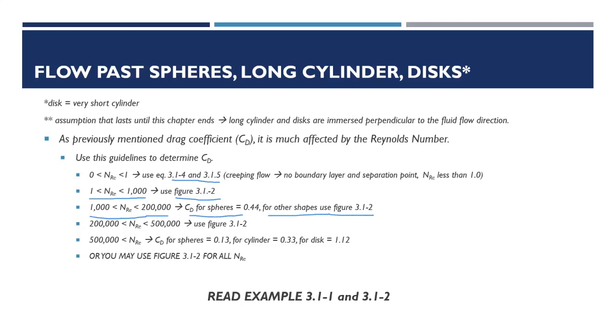If the Reynolds number is between 200,000 and 500,000, then you can use figure 3.12 for all shapes. While if the Reynolds number is higher than 500,000, the drag coefficient for a sphere is 0.13, for a cylinder is 0.33, while for a disk it is 1.12.